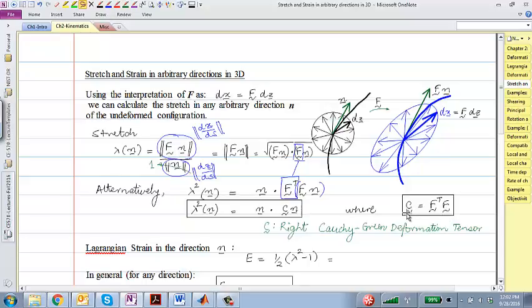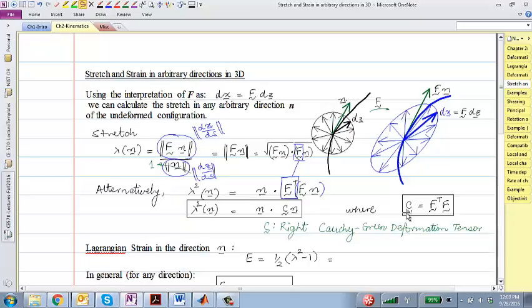Let me ask you this: is C a field or a single tensor? If I have this body, and I tell you that the deformation map is something like this, then you can find the F tensor at each and every point of the body.